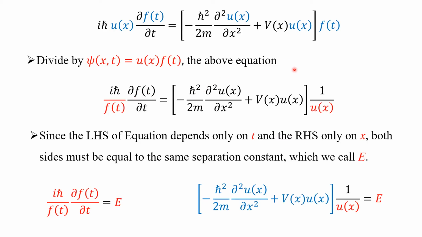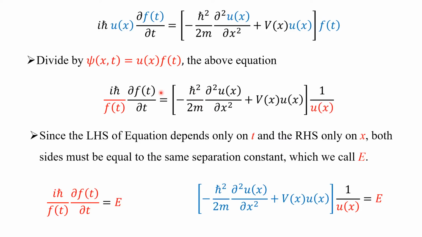Similarly, on the right hand side, this f of t will get cancelled with this f of t. So you will get only u of x because you divided by u of x f of t. Here, you just notice that the left hand side purely depends on time, and the right hand side purely depends on the position.